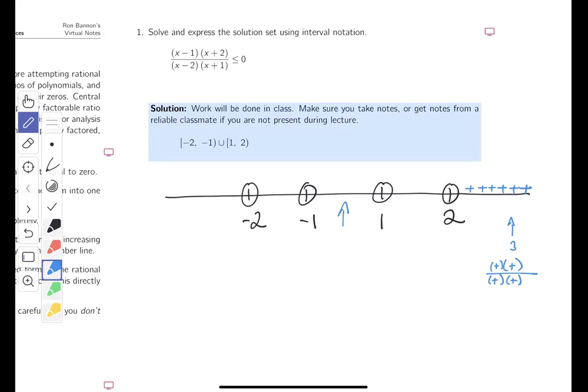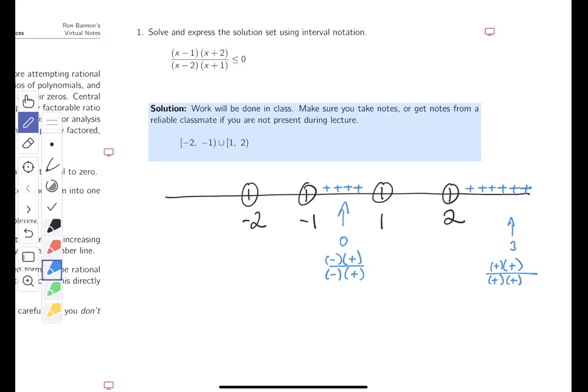I'd say 0 is a good choice. Let's plug it in. You would get negative, because 0 minus 1 is negative, positive, because 0 plus 2 is positive, negative, because 0 minus 2 is negative, and 0 plus 1 is positive. What does that give you? A negative divided by negative, which is positive.